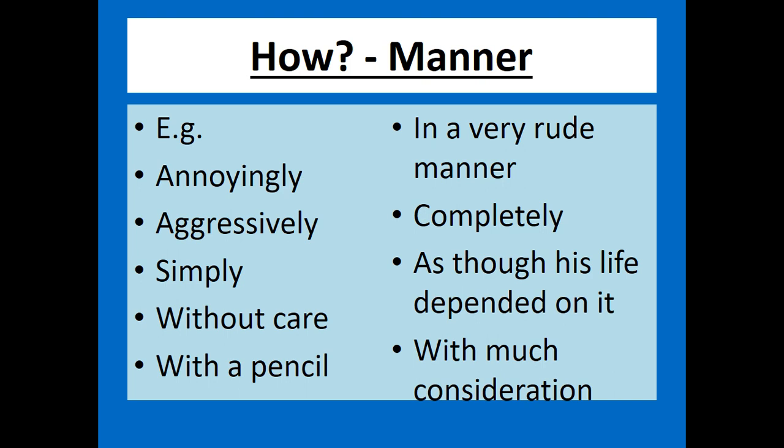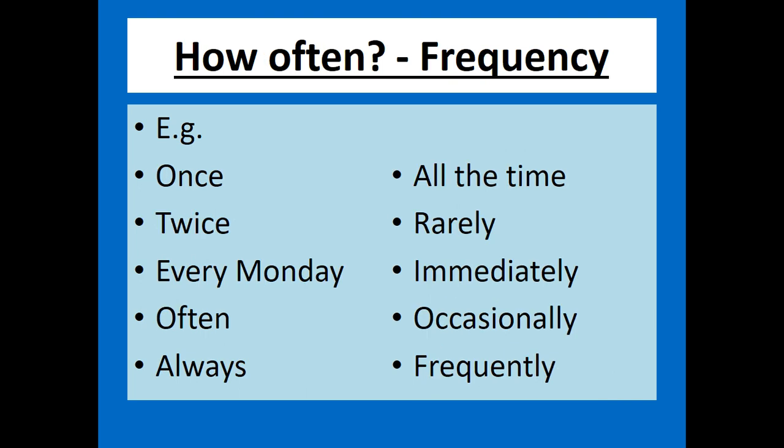Annoyingly, aggressively, simply, without care, with a pencil, in a very rude manner, completely, as though his life depended on it, with much consideration. And remember, with all of these, they can be used either as an adverb, an adverbial phrase, or fronted adverbial when it moves to the front of the sentence.